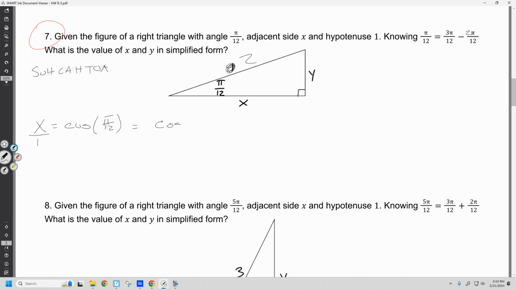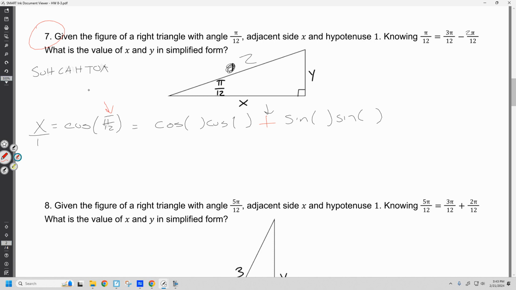And you just do cosine, cosine. What symbol goes in between the cosines and the sines? You flip the sign.